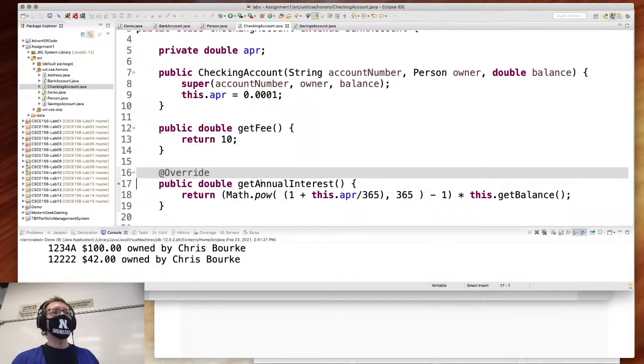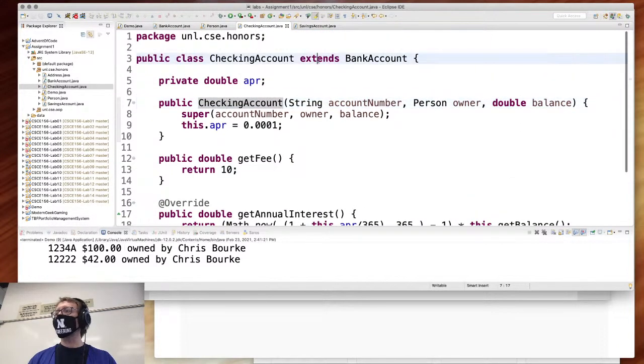Does every subclass need to have that function? Every subclass will have that function by virtue of inheriting it, right? If you have a bad method, sins of the father, you're inheriting that stuff. You don't really have a choice. You're going to get it no matter what. Otherwise, if you don't want it, then you shouldn't have extended that class, right? In fact, we'll talk about an alternative here in a second.